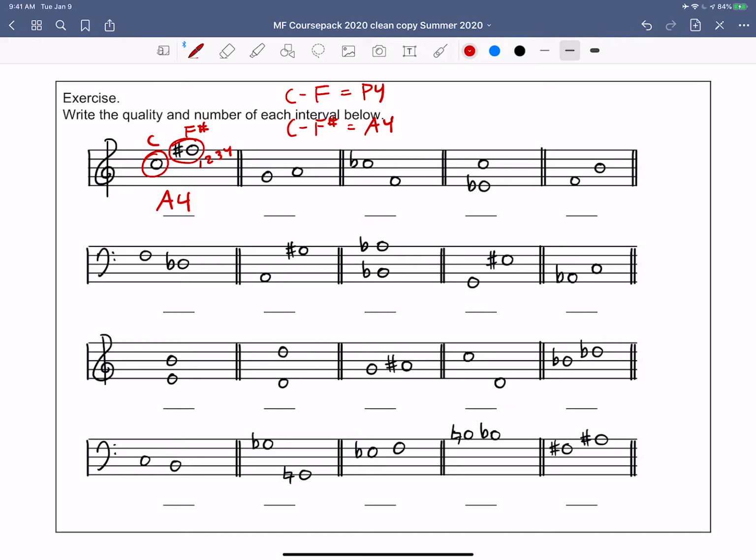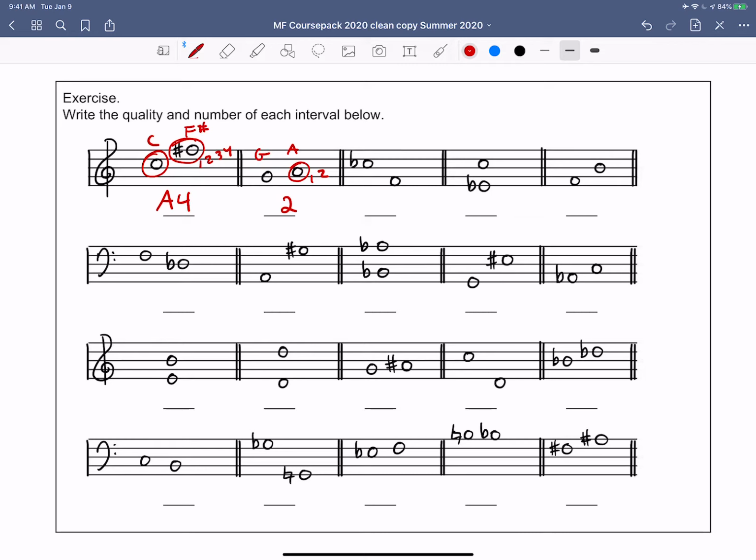Let's do maybe one more together. Let's do this G and this A. Let me clear off this top text. So from G to A, that's an interval of a second. So already we're thinking, well, it's probably minor or major, could be diminished or augmented, but let's figure it out now. Does the top note belong to the bottom note's major scale?